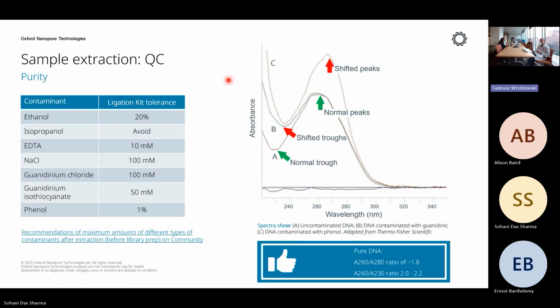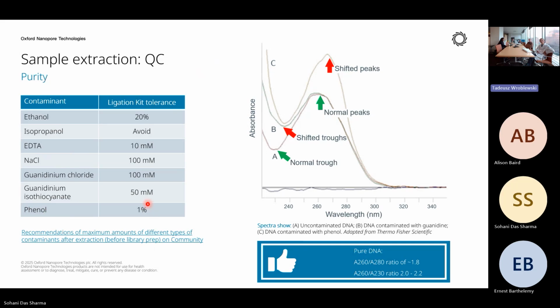It depends on what type of sample we are dealing with, but this is my suggestion. NanoDrop is also a good measurement because it tells us a lot about what contaminants are present. For example, the hydroxyl group indicates the presence of ethanol, isopropanol, or EDTA contamination, or any kind of salt like guanidinium chloride or isothiocyanate, or phenol.